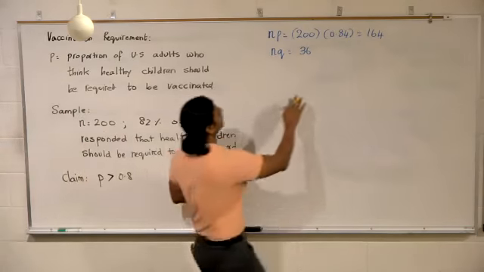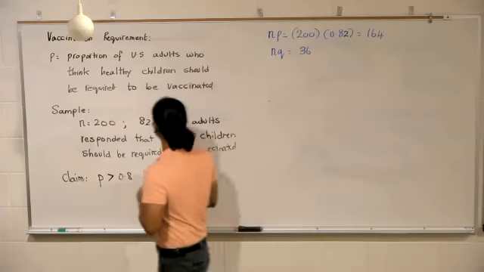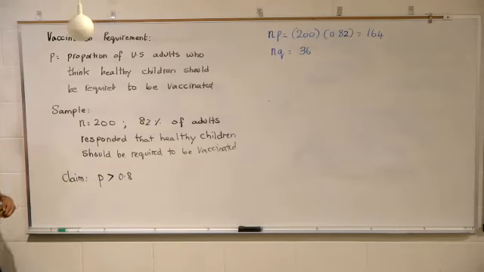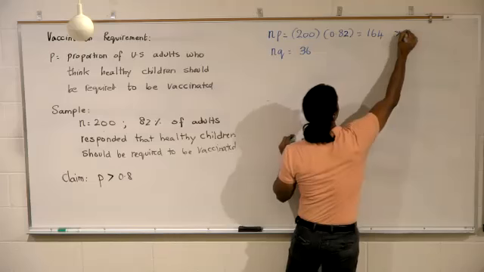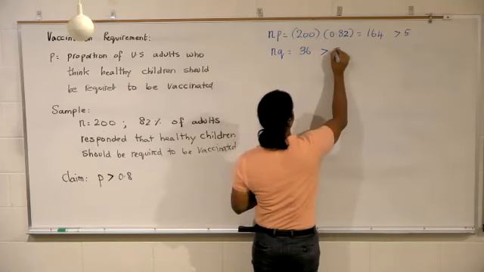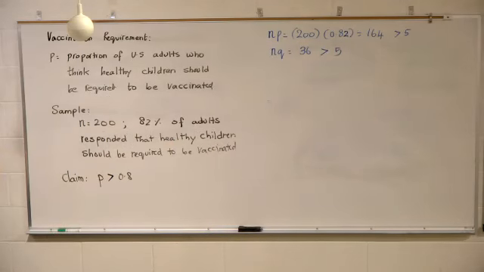Oh, 82. Okay. So N times P is greater than 5, N times Q is greater than 5. So we can use the test.